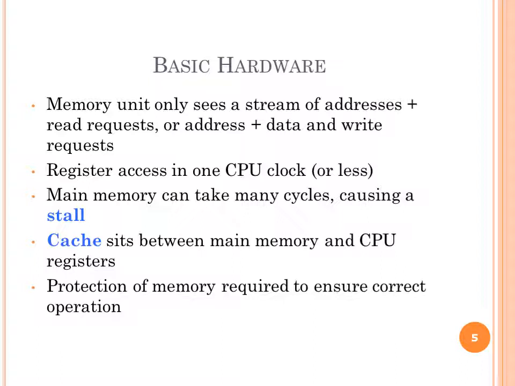In such cases, the processor normally needs to stall, since it does not have the data required to complete the instruction that it is executing. This situation is intolerable because of the frequency of memory access. The remedy is to add fast memory between the CPU and the main memory. A memory buffer used to accommodate a speed differential is called a cache.